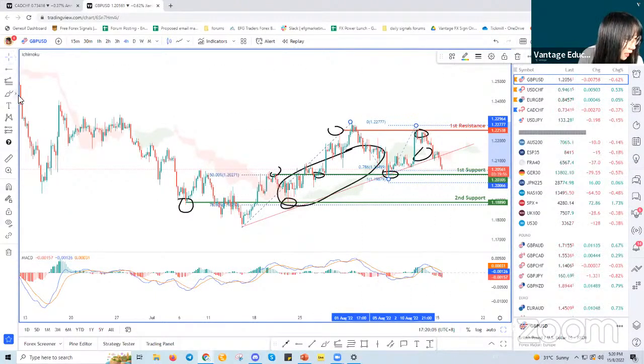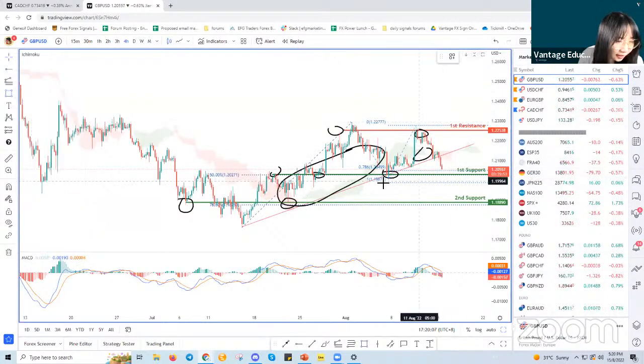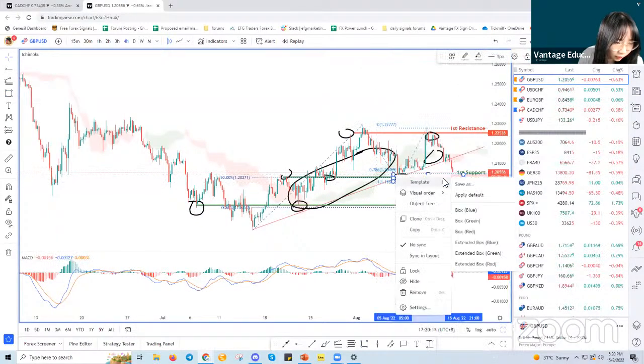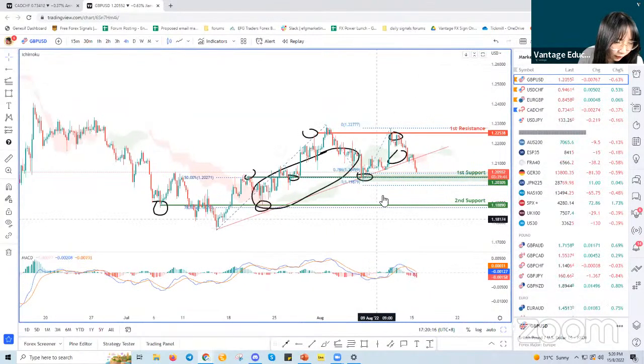So in this case, I like to highlight this area.